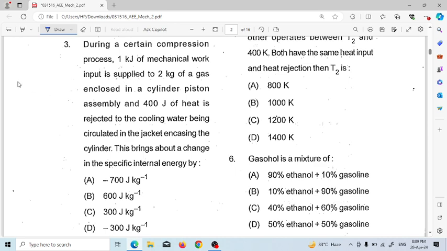From the first law we know dq is equal to du plus dw. So 1 kilojoule of mechanical work is input, so it is work done on the system, so this is negative work, this is 1 kilojoule, and we have to find the internal energy.